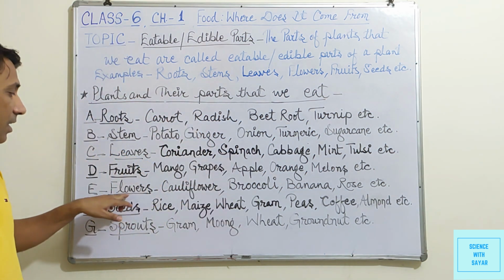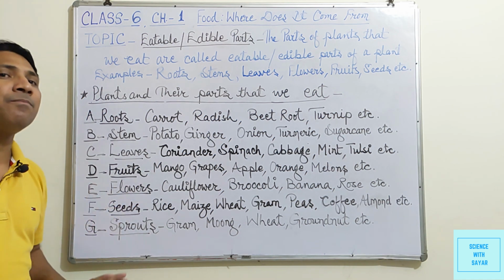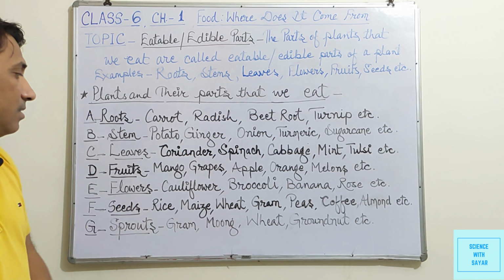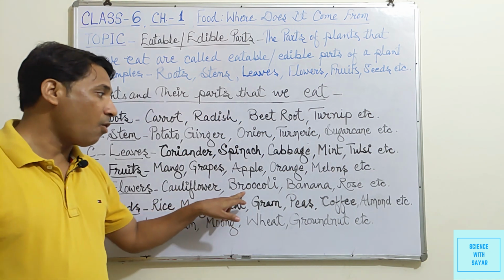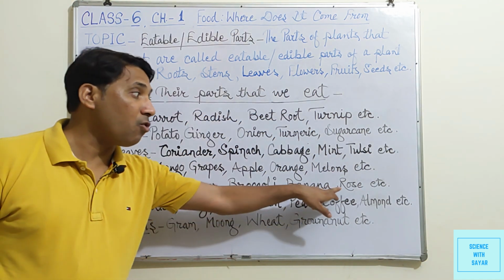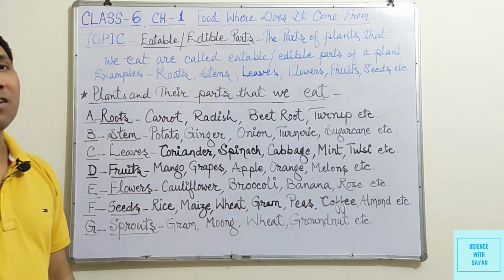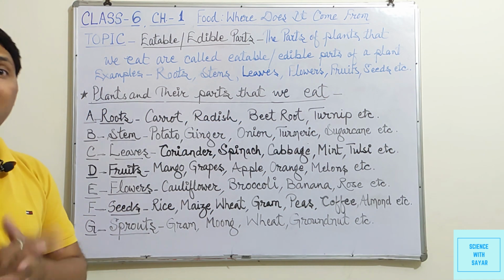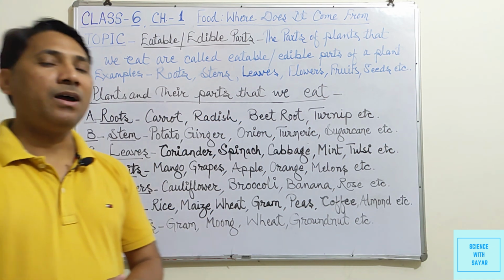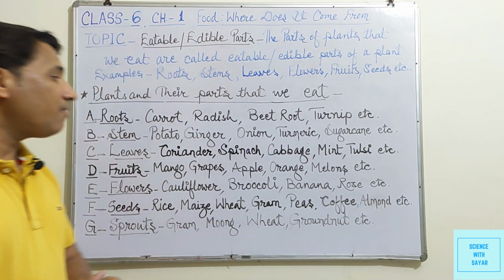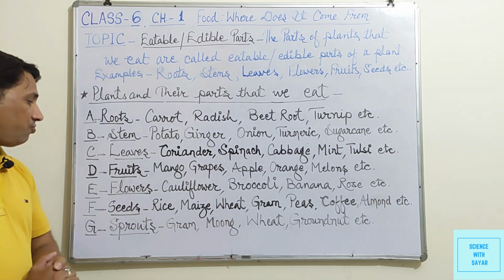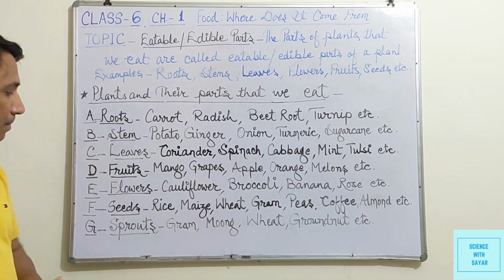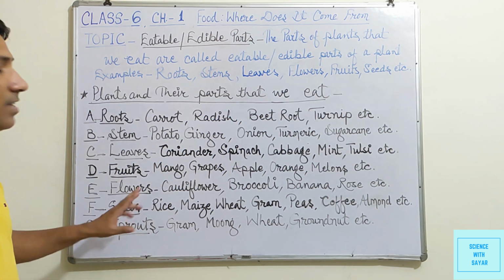Next example is flowers. In some plants we eat their flower parts, such as cauliflower, broccoli, banana, rose, etc. These are the plants in which their flower parts we use as eatable or edible part. Next example is seeds.